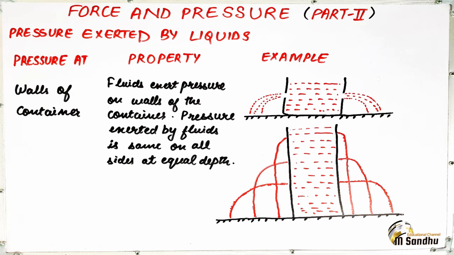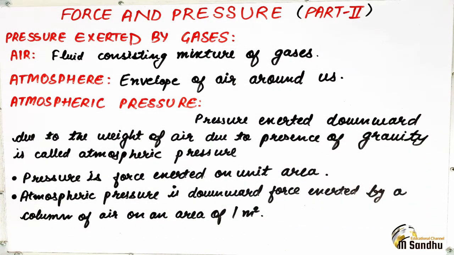The last topic was about atmospheric pressure and the pressure exerted by gases. When air exerts a downward pressure owing to gravity, this type of pressure is known as atmospheric pressure. As we can see, pressure was equal to force upon area. It is always exerted on unit area.